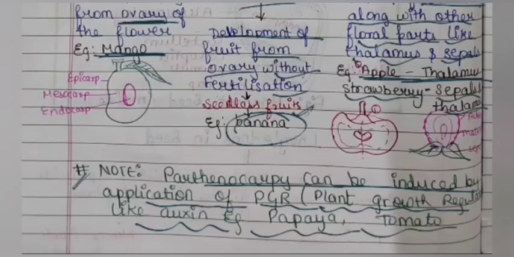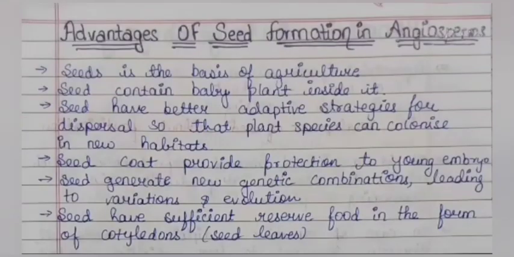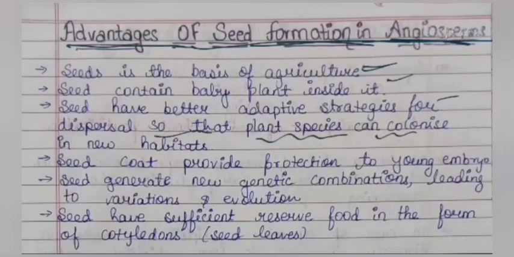Now we are going to look at the advantages of seed formation in angiosperms. Seed is the basis of agriculture. It also contains a baby plant inside it. It has a better adaptive strategy for dispersal so that plant species can colonize new habitats.